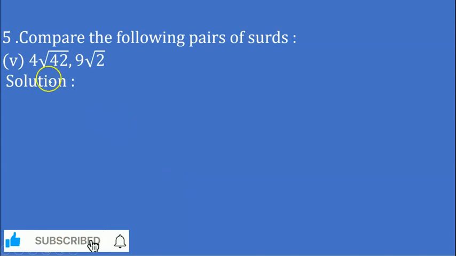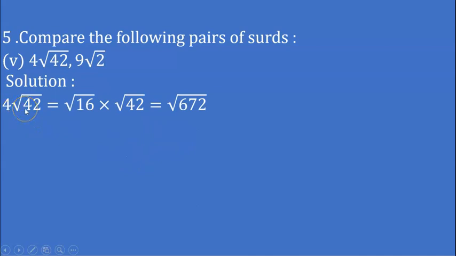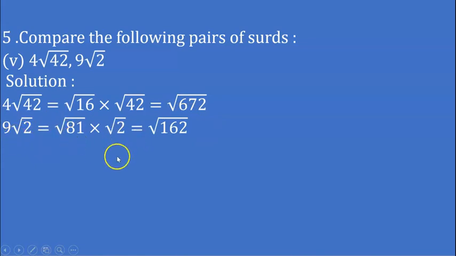Now next, 4 root of 42 and 9 root 2. Again 4 root of 42 can be written as root of 16 into root of 42. Again root of 16 into 42, then you will get root of 672. 9 root 2 means 9 is root of 81 into root 2.